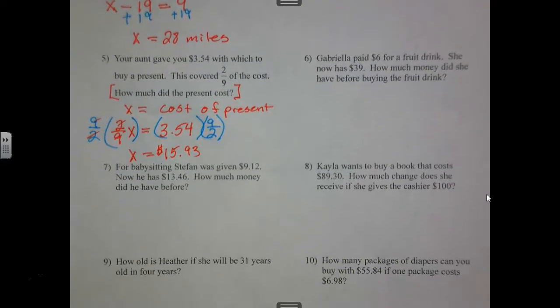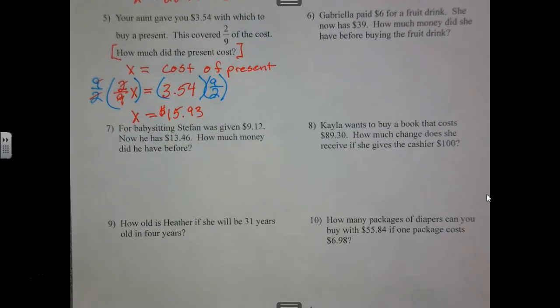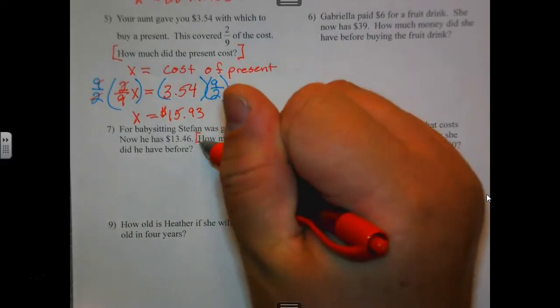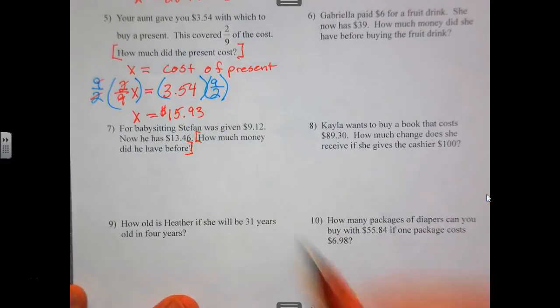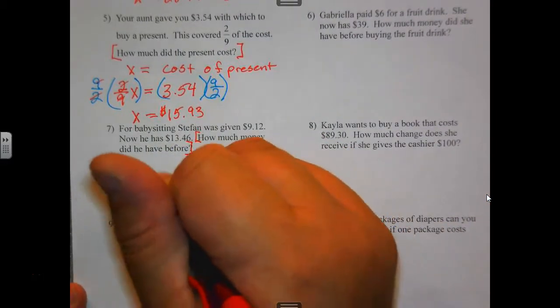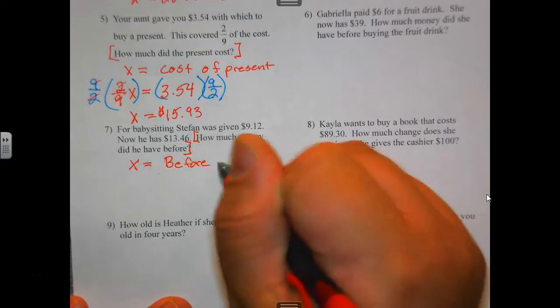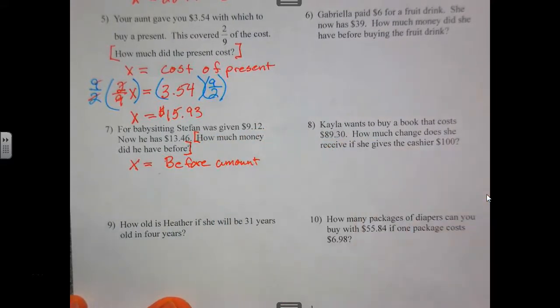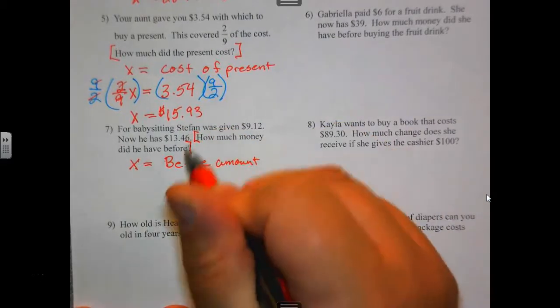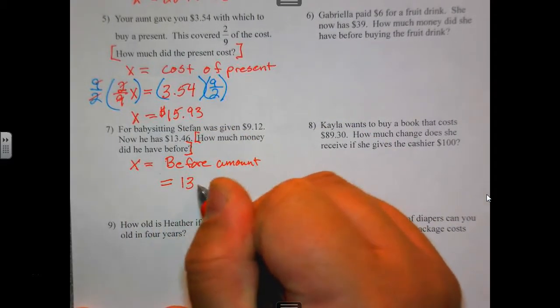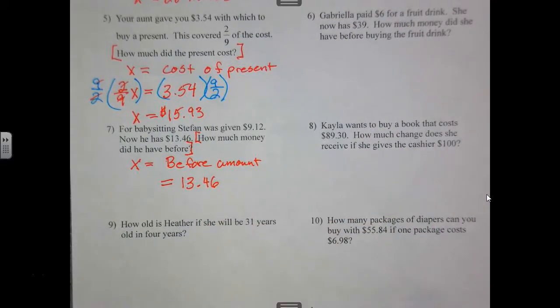Hey, number 7. For babysitting, Stefan was given $9.12. He now has $13.46. How much money did he have before he babysat? So X is going to be the before amount of money. Okay, this is his total, $13.46. And again, usually your totals will go on one side of the equation and everything else on the other side.